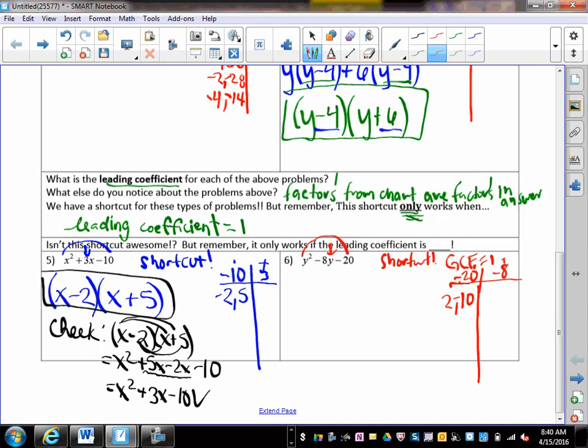Okay. Now that we have our numbers, write the shortcut. Oh, you're right, it's y. Thank you. So y plus 2, y minus 10.